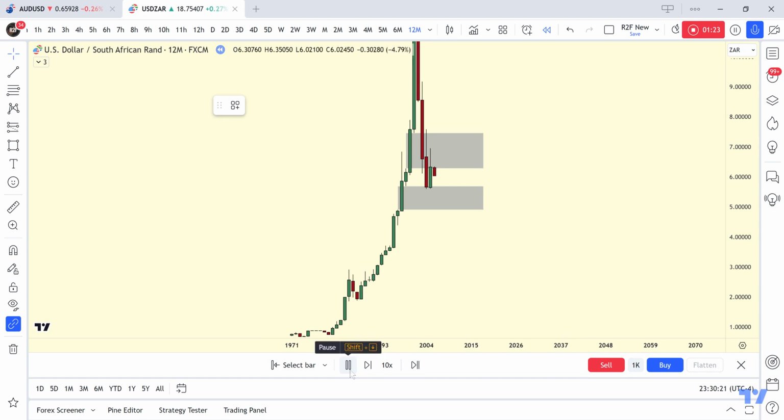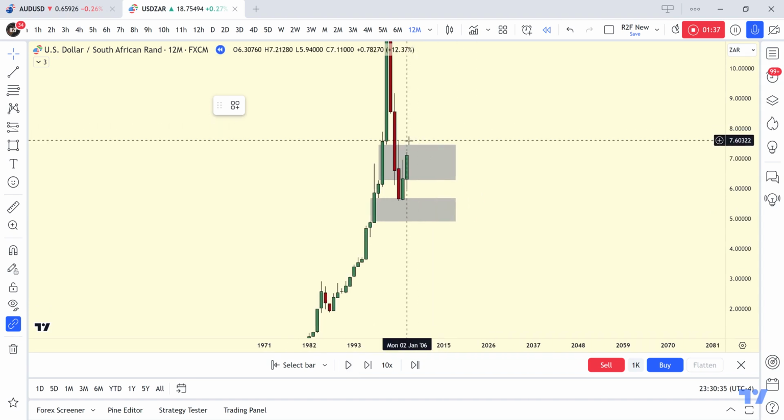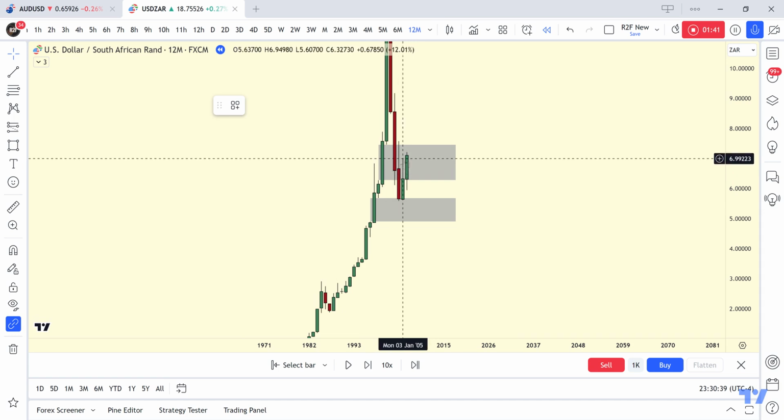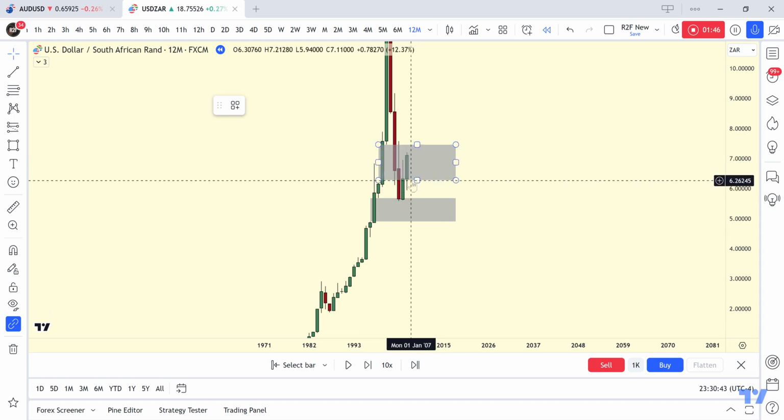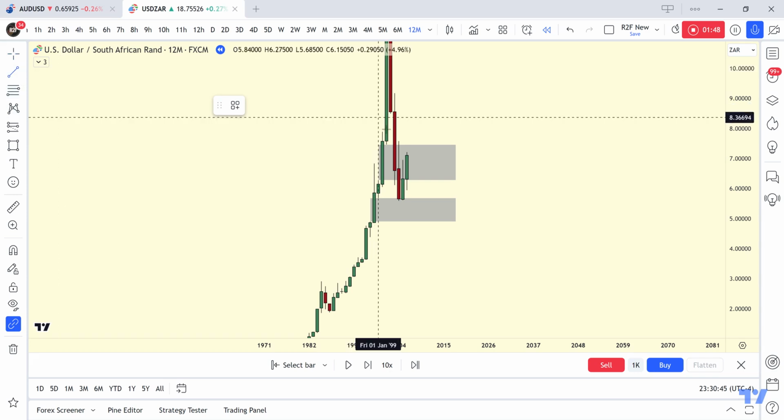So let's fast forward it a bit. See if we make another low. Another low. Okay. So we came into this gap, came down into the midpoint of this gap. Now we're expanding up. Expanding up to where?